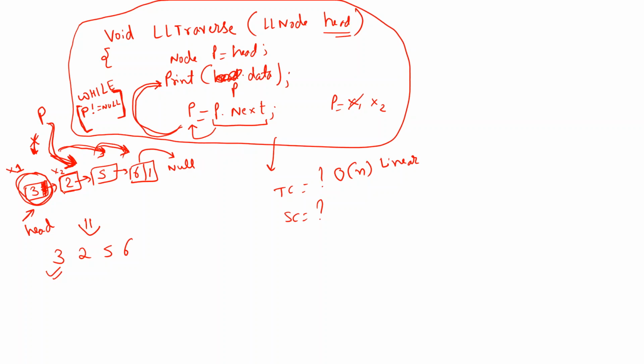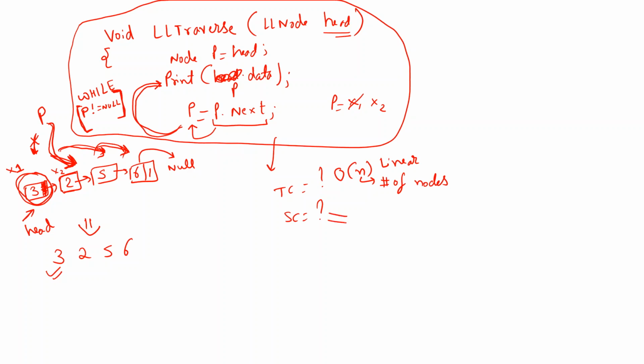If there are 5 nodes in the linked list, this code will run 5 times. If there are 10 nodes, it will run 10 times. The time complexity is just linear, where n is the number of nodes in the linked list.